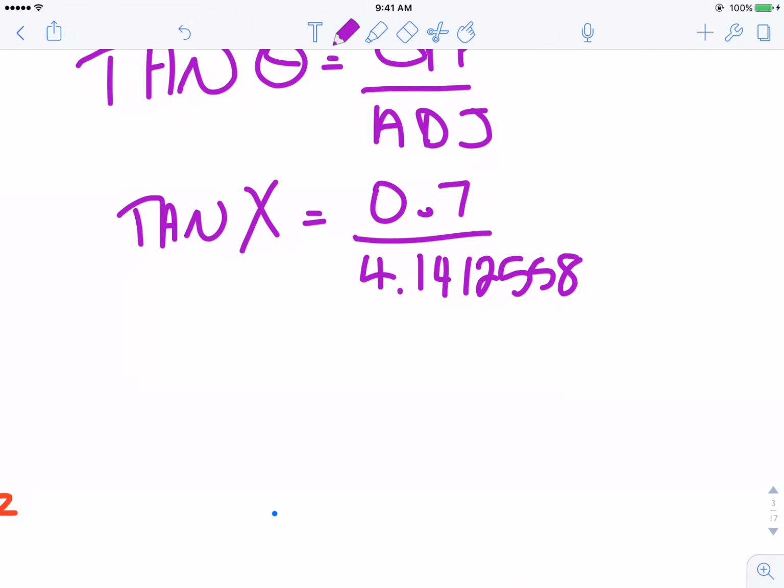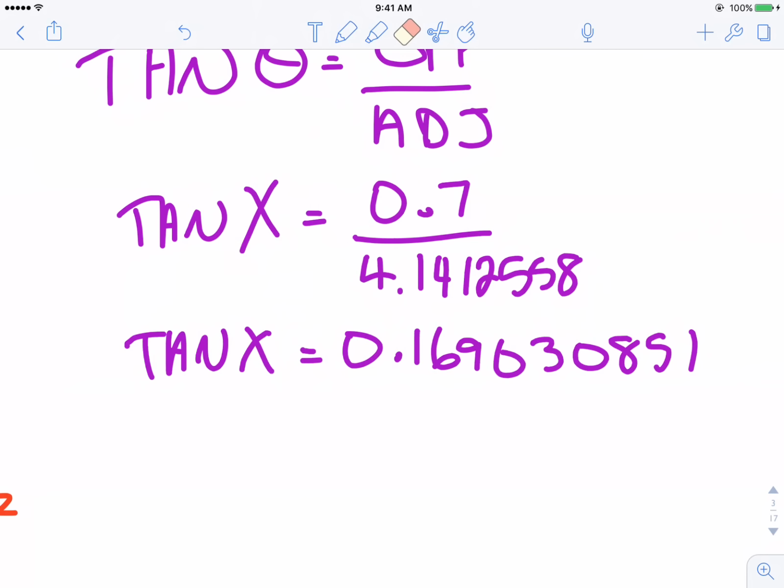Yes, decimals are necessary. Tangent of x is equal to 0.7 divided by that, which gives me 0.1690308551. And now I'm thinking, well, if tangent of x is equal to that, then angle x is equal to the inverse tangent of that.